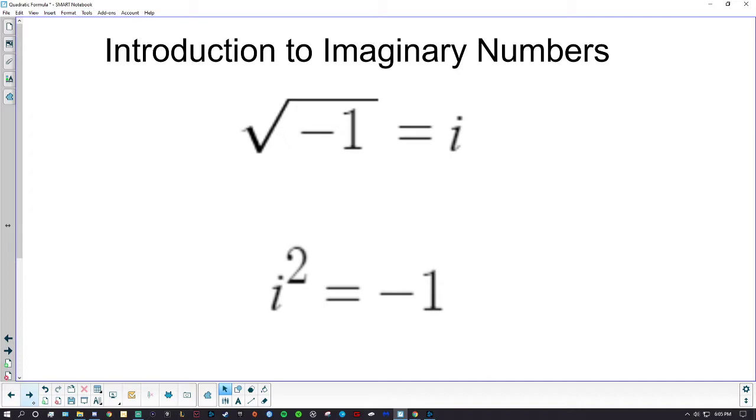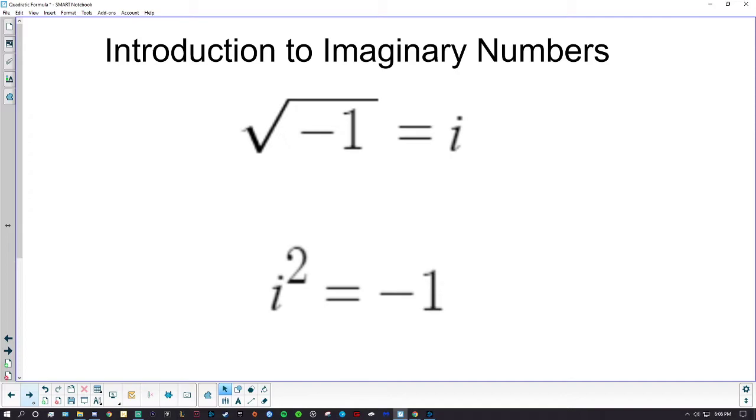But if you were to try to plug in the square root of -1 or any negative number into your calculator or into Desmos, so your phone, it would tell you the answer is undefined. Now, that is true, it is undefined. However, it's not 100% true because when you take the square root of a negative number, you actually get what's called an imaginary number, or sometimes they're called complex numbers.